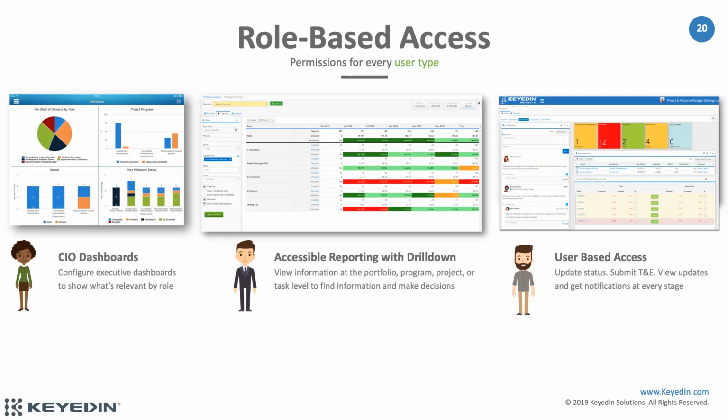Role-based access, this is going to blend into the next topic, which is usability. But role-based access is important not only for controlling what people can do, ensuring that people can only see what you want them to see and do what you want them to do. So that's security and permissions, but it also leads to usability.